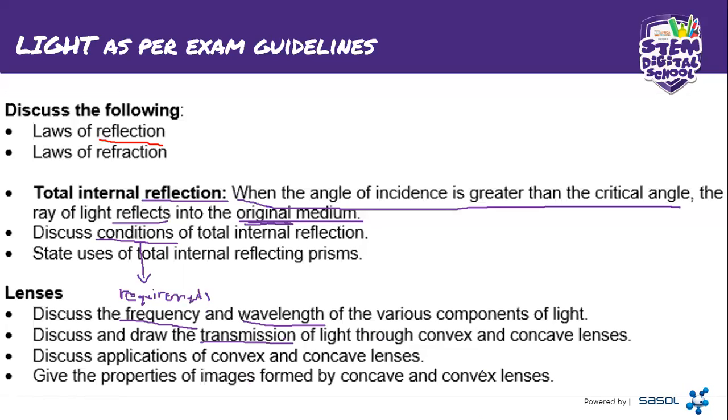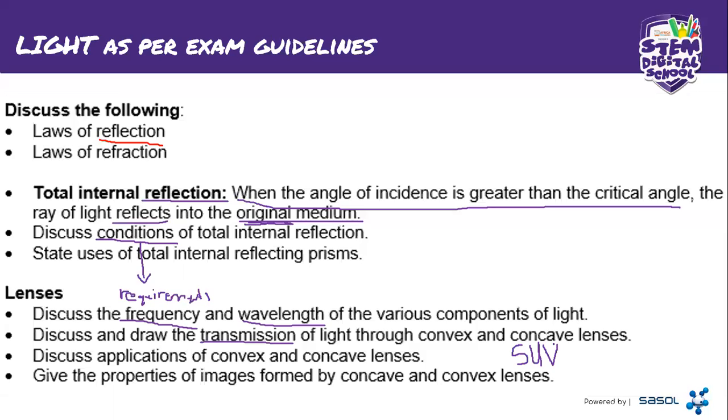For example, when you talk about a concave lens, we know the image will always be smaller than the object. The image is going to be upright, and the image is going to be virtual. And why are we saying the image is virtual?